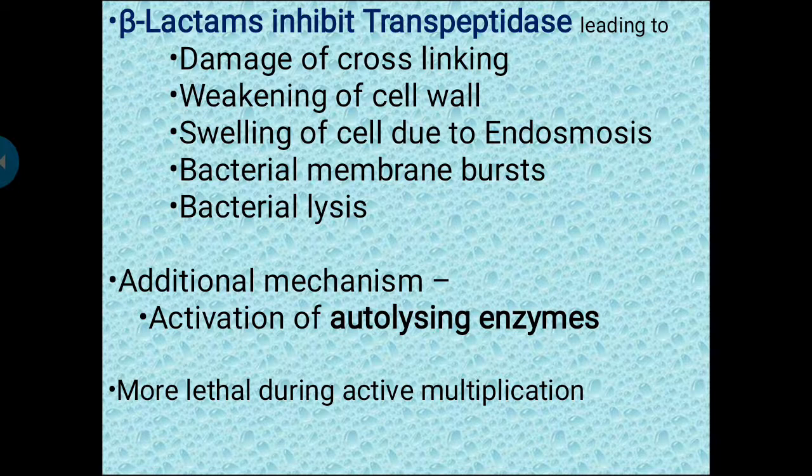The transpeptidase enzyme cleaves the terminal D-alanine residue of the amino acid structure, and there is cross-link formation. Penicillin binds with the transpeptidase enzyme and prevents cross-link formation as it inhibits the transpeptidation reaction. So there is no cross-link formation between the layers, and ultimately the cell wall is damaged, with weakening of the cell wall and swelling of the cell, which causes bacterial lysis.